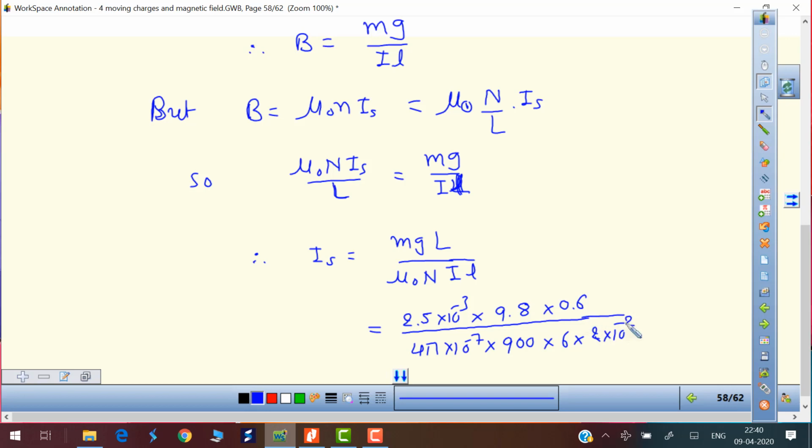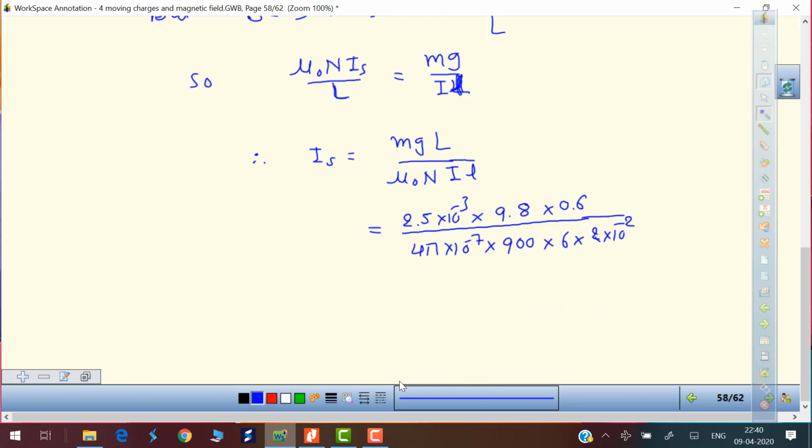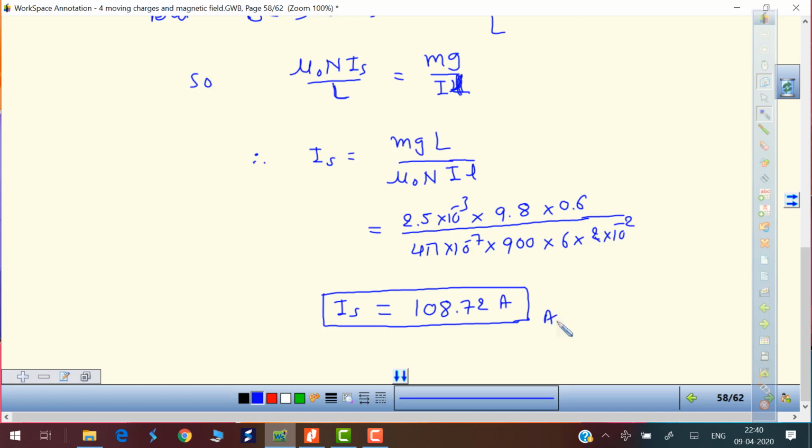Simplifying, the current of the solenoid comes out to be 108.72 ampere. So this much current is required to balance that conductor. This is our answer.